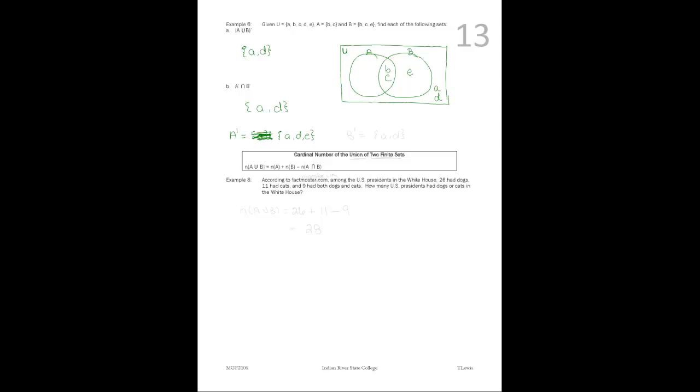We all agree. What's not in B? A and D. Now, we have A prime, B prime. Now we want to intersect those, and then with that intersection, what do we have in common? A and D. There we go. We got it.